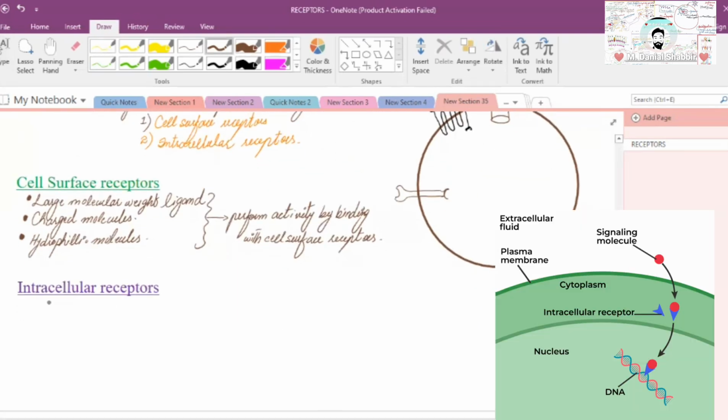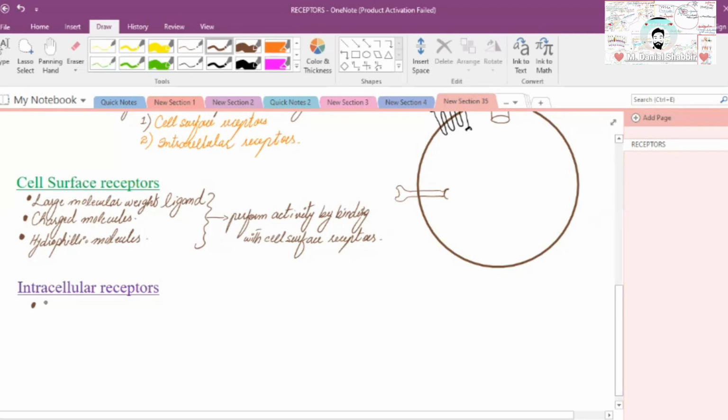Next, intracellular receptors. Listen and remember. Intracellular receptors will be for those ligands with low molecular weight. The ligands with low molecular weight will definitely have some tendency to enter the cell membrane.